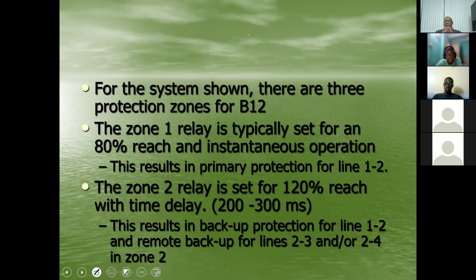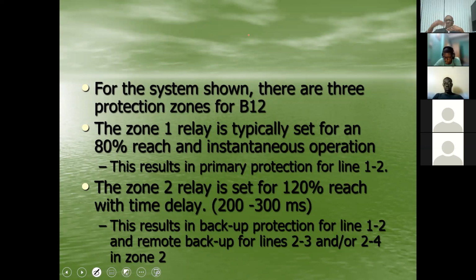Now let us say the total impedance of the line is 100 ohms. All right. At 100 ohms, the zone 1 setting that I would put in the relay would be 80 ohms. So that is the zone 1 setting. That's 80% of the impedance of the protected line.